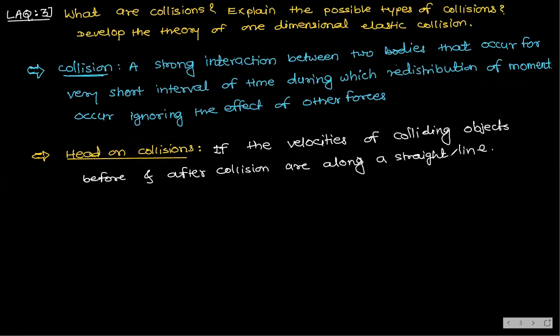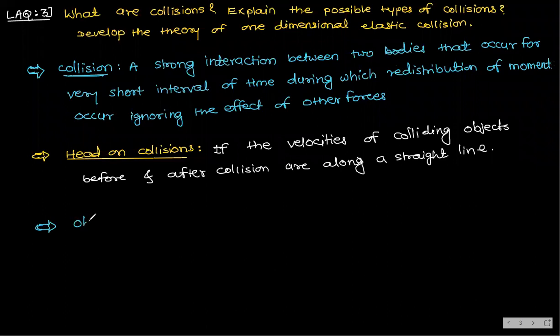If the velocities of colliding objects before and after collision are along a straight line, then it is called head-on collisions. Understood? Okay. Next one, that is oblique collisions.